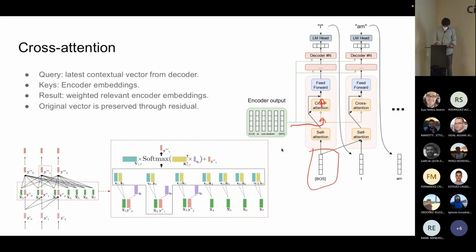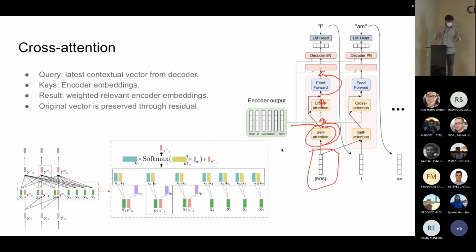Here, I am not representing all of the rest of the residual connections that skip layers, but the residual connection that skips the cross-attention is really important because it is the only thing that keeps the previous vector from flowing through the architecture.